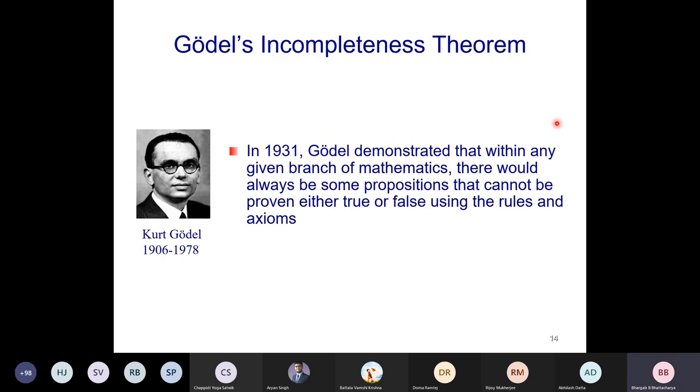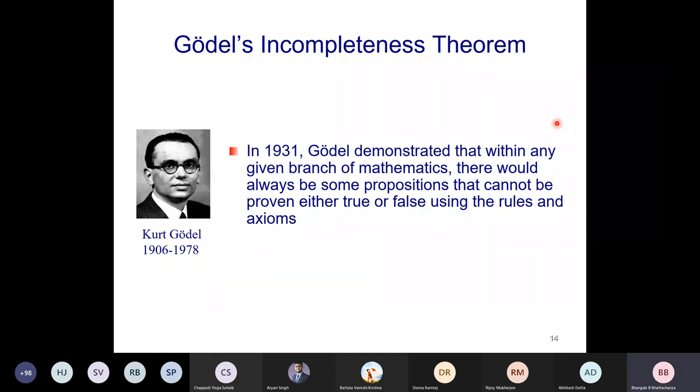Just for the sake of what we talked about, Gödel's incompleteness theorem says something similar: in any branch of mathematics, you have a set of axioms and propositions or postulates. Based on that, in any branch of mathematics, there will be some statements which cannot be proved either true or false in that system.